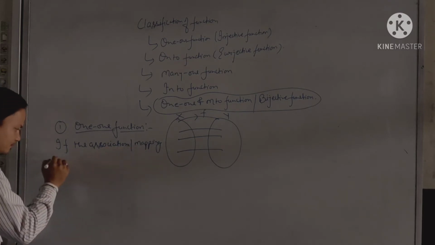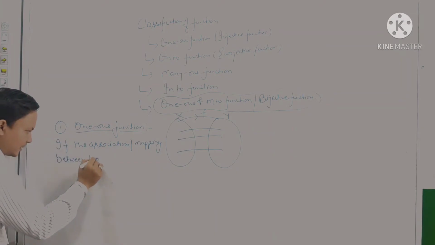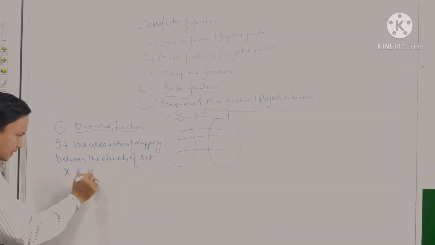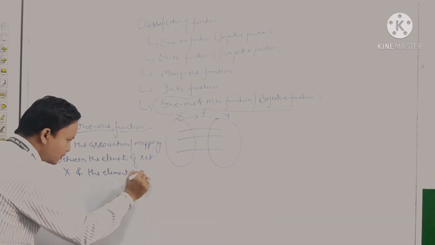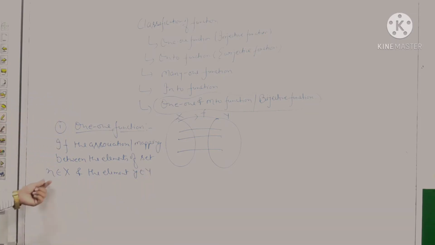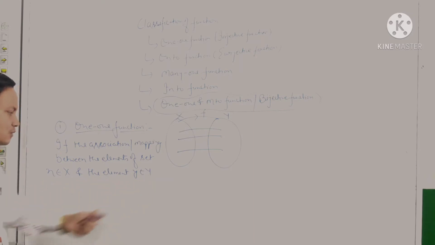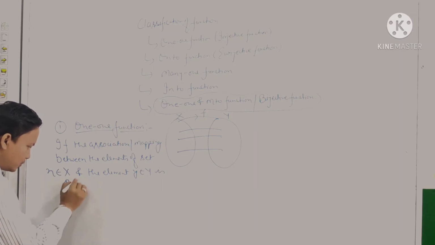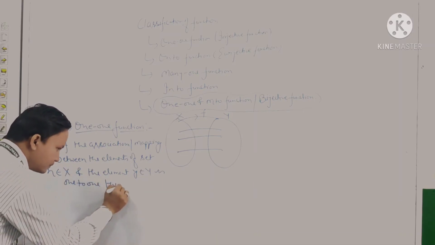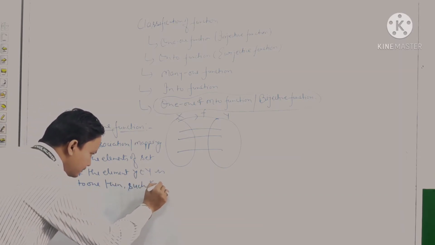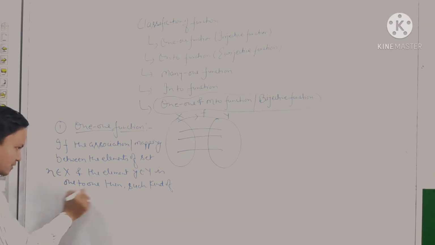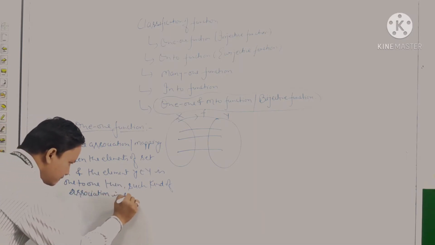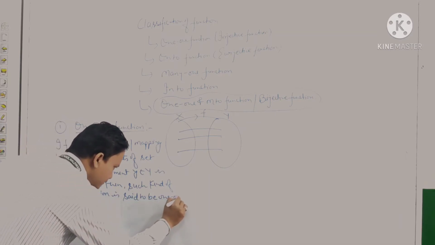If the association or mapping between the elements of set X and the elements of set Y, that is, between the element x belonging to set X and the element y belonging to set Y, is one to one, then such kind of relation, such kind of association, is said to be a one-one association.